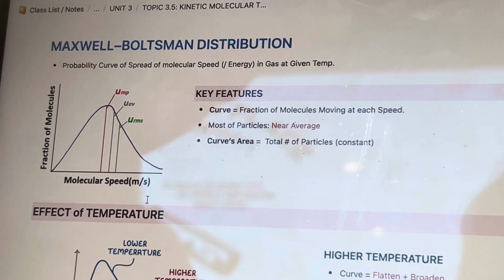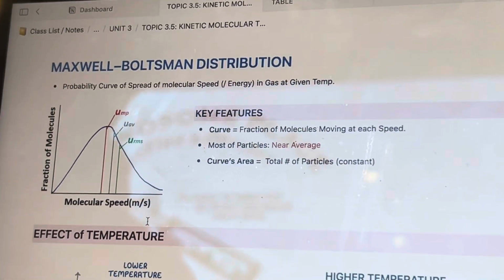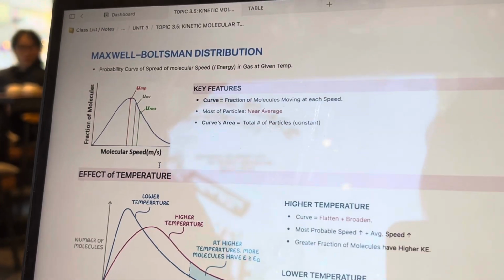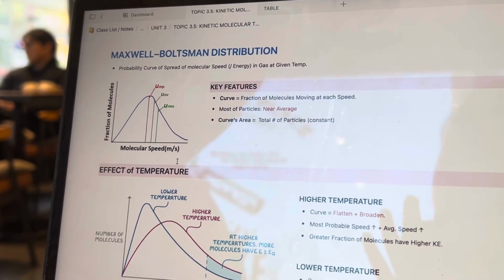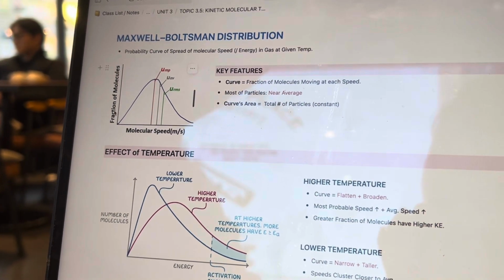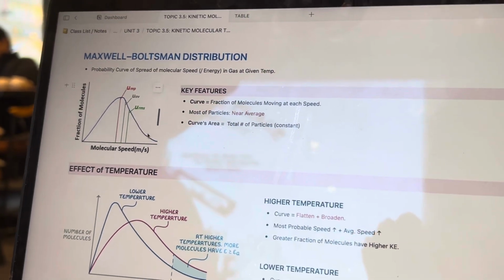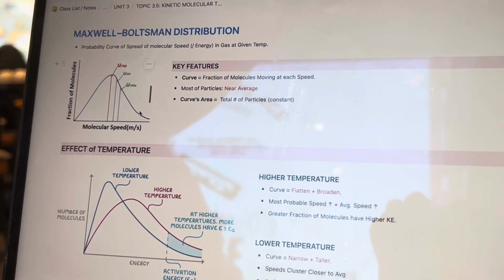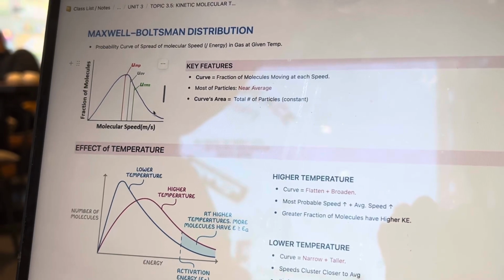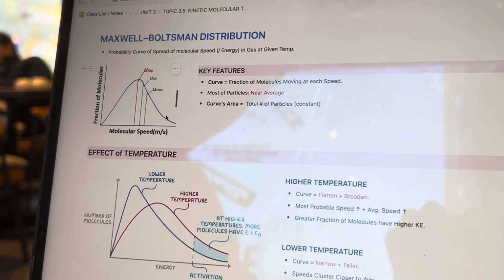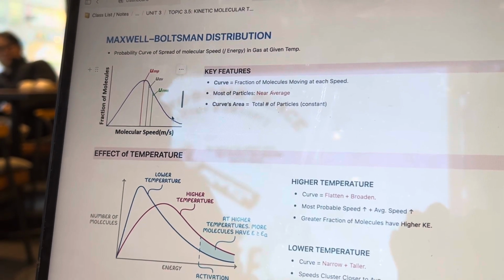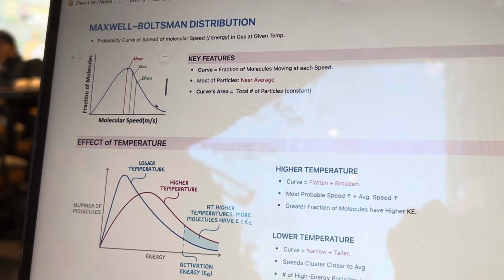And next one is the distribution graph from Maxwell-Boltzmann. This probability curve of molecular speed shows the distribution of molecule speeds in the container at a given temperature.